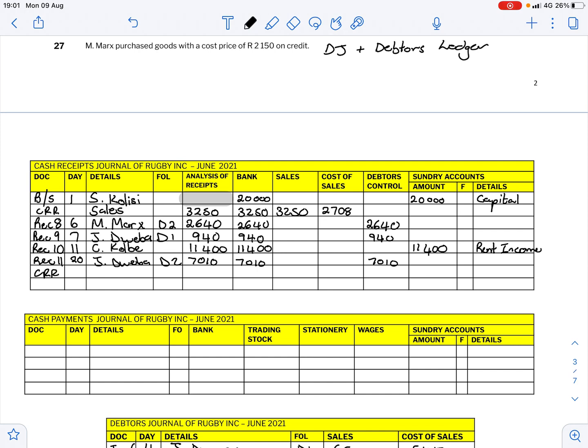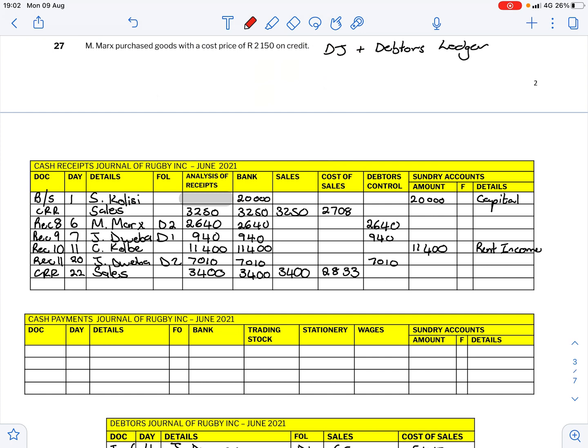So we start off with our CRR, the date was the 22nd, and our detail was sales. Okay, they tell us it was 3,400 Rand, so we hit analysis, we hit bank, and we hit the sales column, and we then need to work out our cost of sales. We divide that by 1.2, and that gives us 2,833 Rand when rounded off correctly. So that is the CRJ done and dusted.